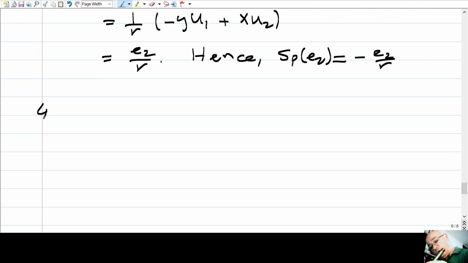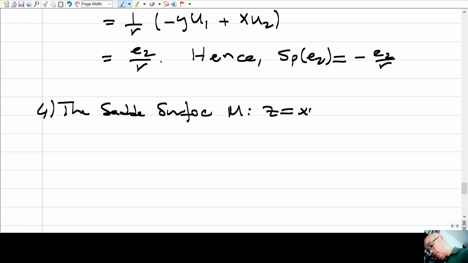Well, there is one more example. I will not do this. The saddle surface M given by the equation z equals xy. I'll leave it as an exercise.